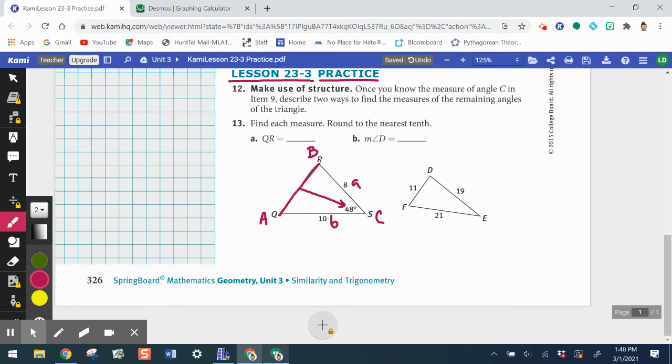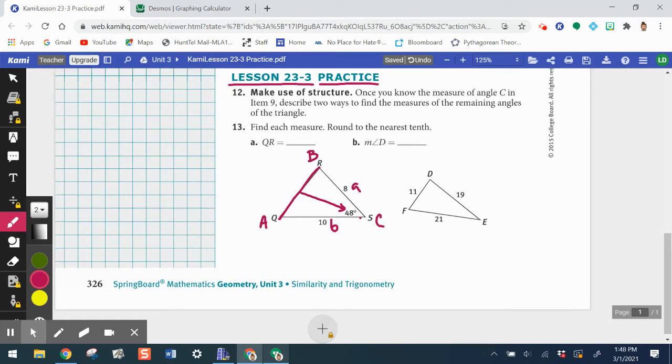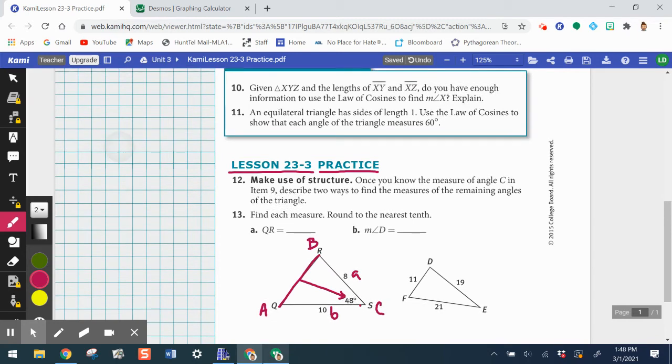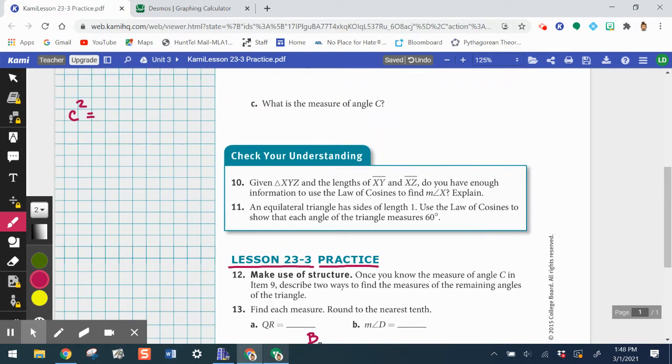So when deciding which law of cosines to use, ask yourself, what do you have? Well, we have the measure of angle C, and we have the length of side A and B, and we're asked to find the length of the side opposite of angle C, which again is technically angle S. So we're going to use the law of cosines that's set equal to C. C squared equals A squared plus B squared.